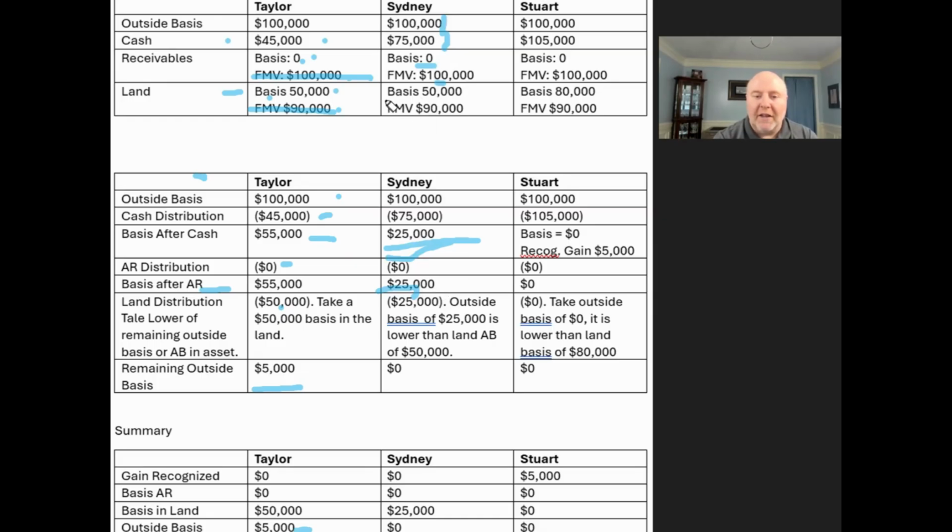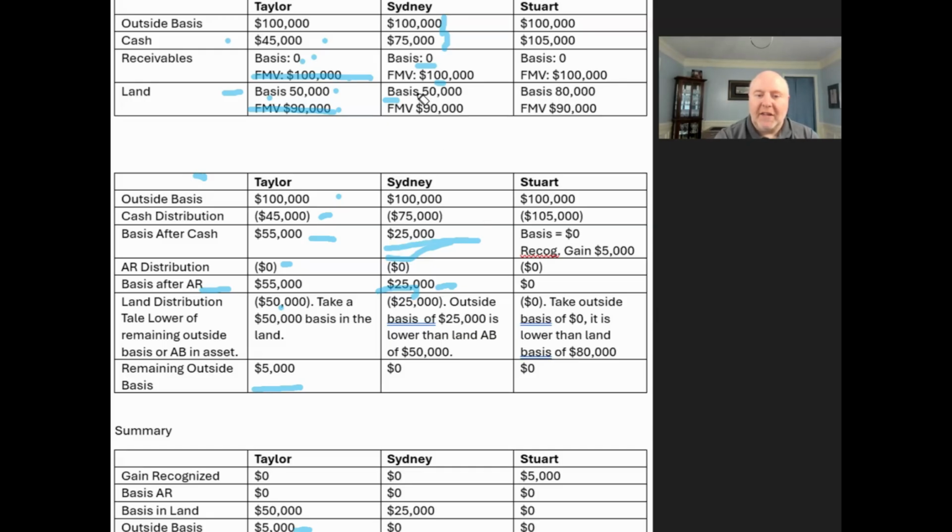All right, but look at this. Our land basis is $50,000. Well, we only have $25,000 remaining. We can't have a negative. This can't reduce the 25 to 0, and then there's a negative 25. We can't do that.